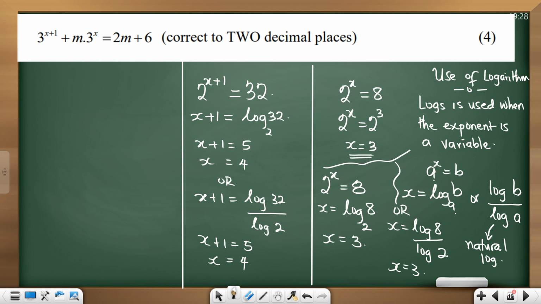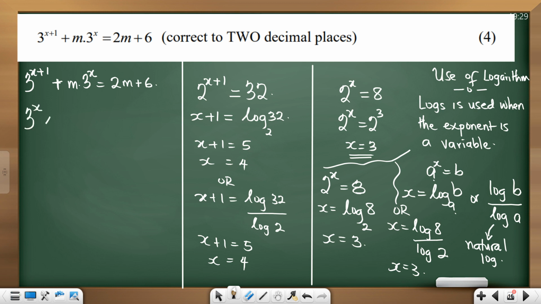Now let's quickly deal with this question and run away. 3 to the power x plus 1. Lovely. 3 to the power x plus 1 plus m times 3 to the power x equals 2. What would I do as a maths learner? When you see a plus here, you use laws of exponents and reverse this.